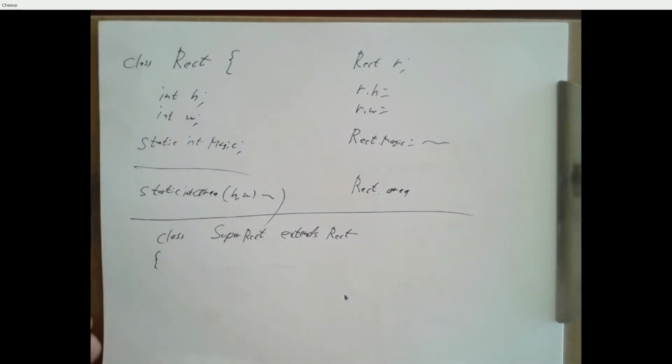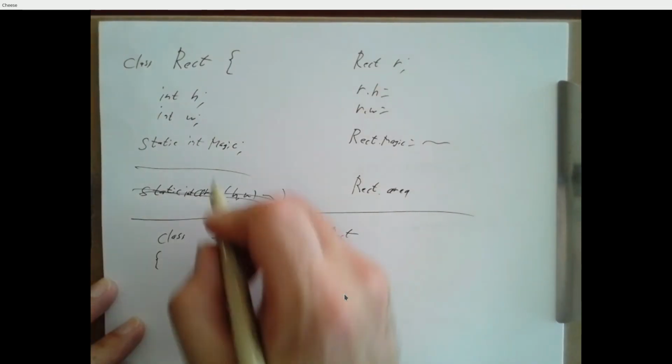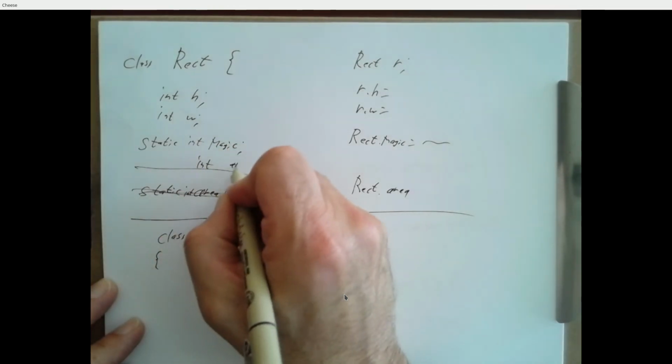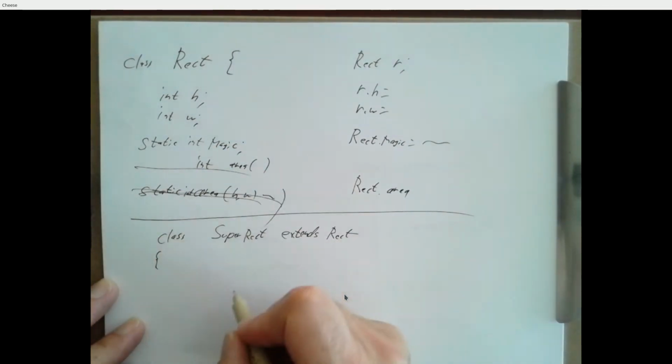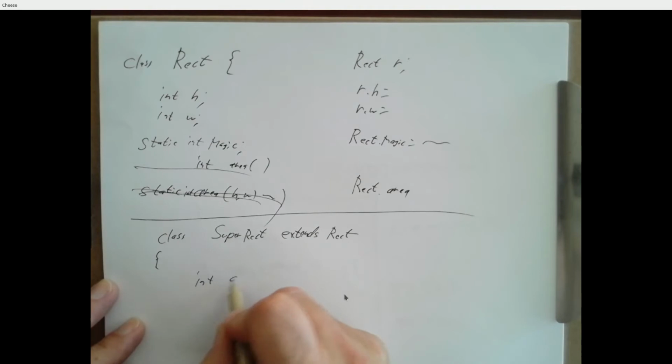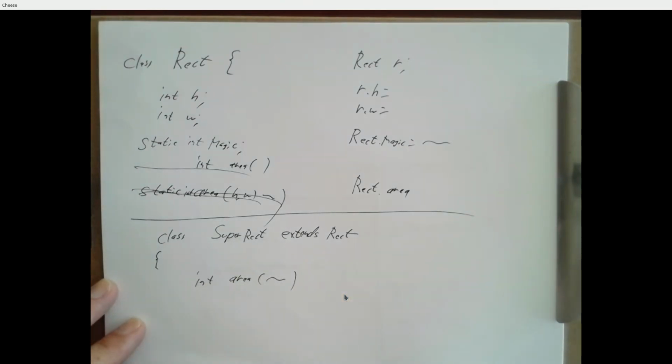But we can also write our own. So suppose we had an integer area method. We can make our own area method in here. And now if I have a SuperRect and I say the name of that object dot area, it's going to run this code.